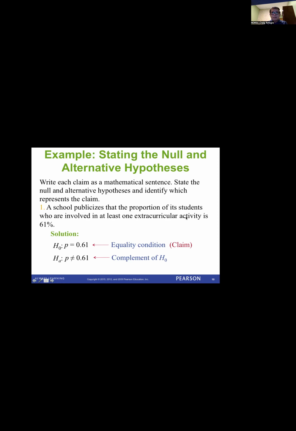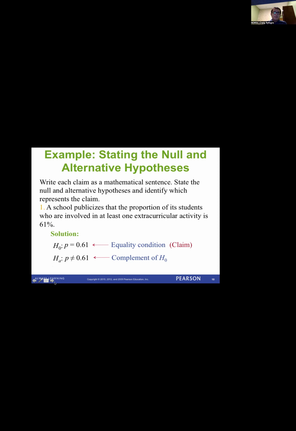Since we have the activity is 61%, and that refers to H0, p is equal to 0.61, then we classify this one as the claim. So we have now the set of hypotheses test being classified as H0 and HA. And all of these values are taken from statement number 1 or problem number 1.